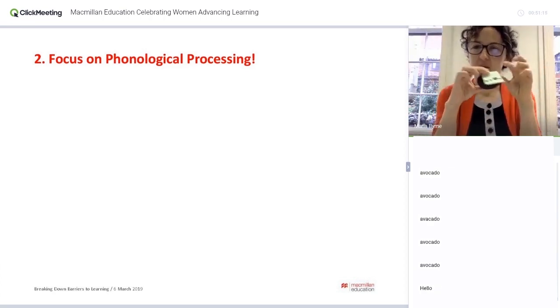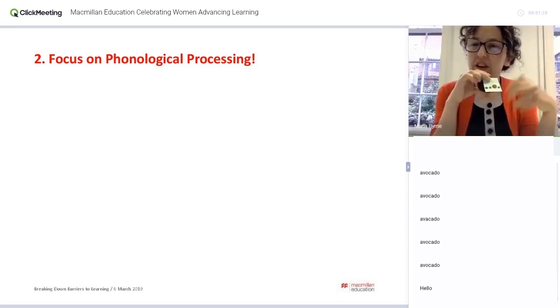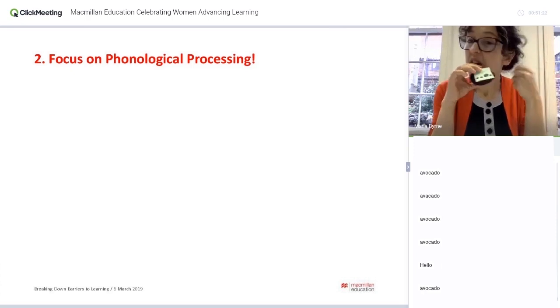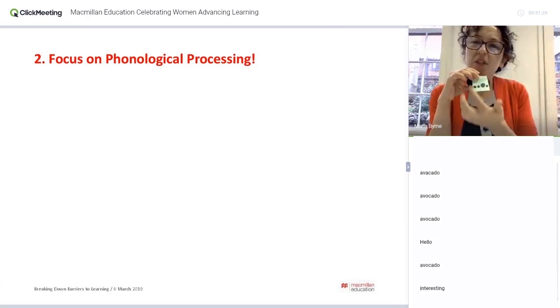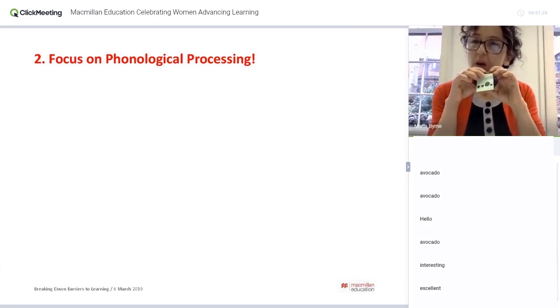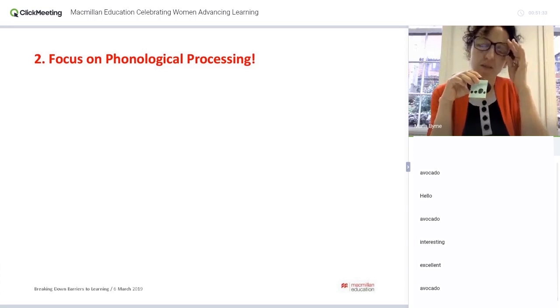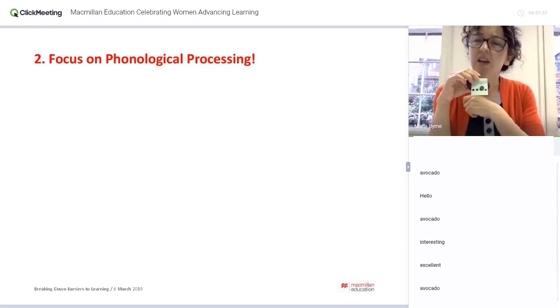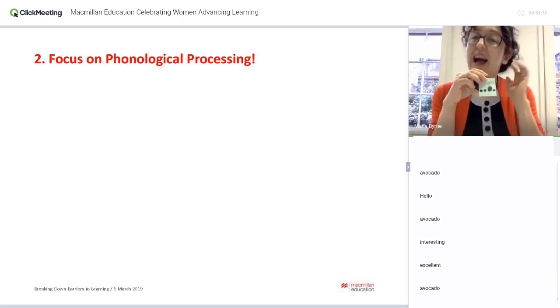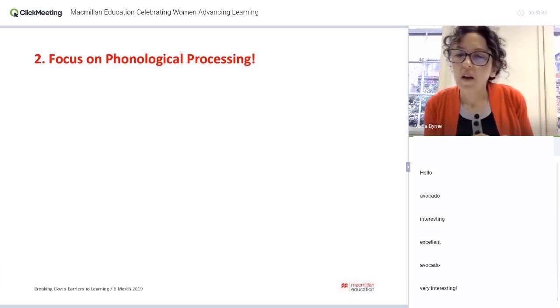And then we could match the sound to the item here. This is a very nice visual representation. So we're working on sounds, on phonology, but they also have something visual that may help them with memory as well, to be able to say this word correctly in the future. So avocado, avocado.